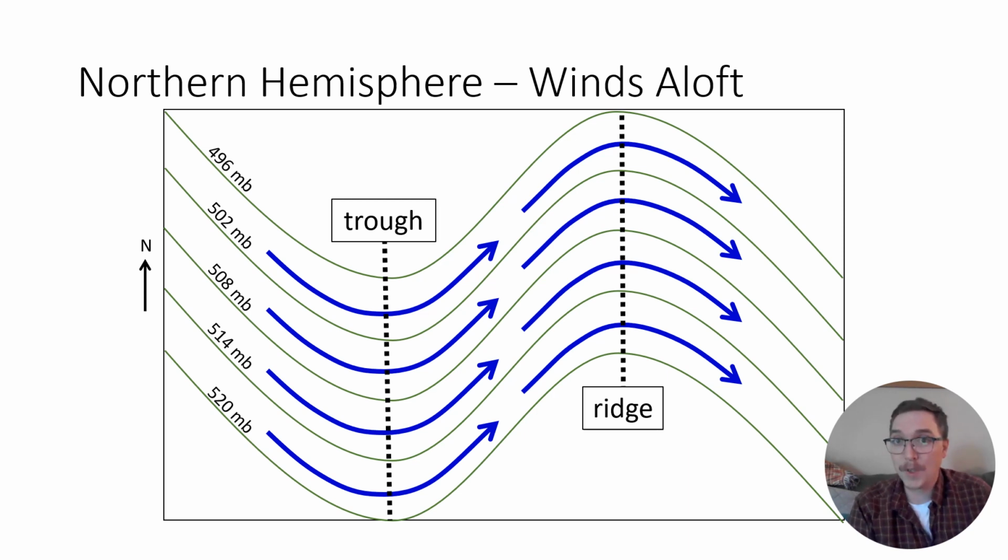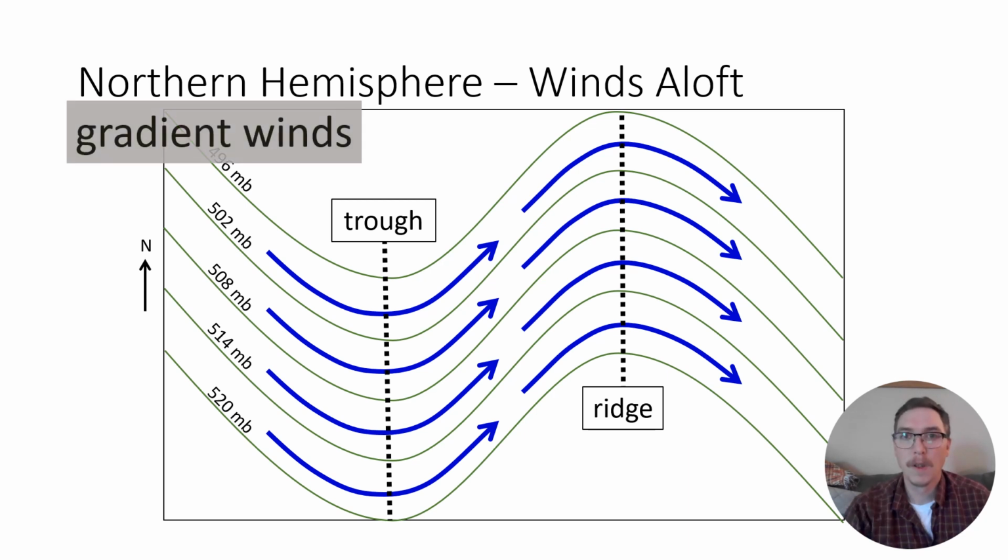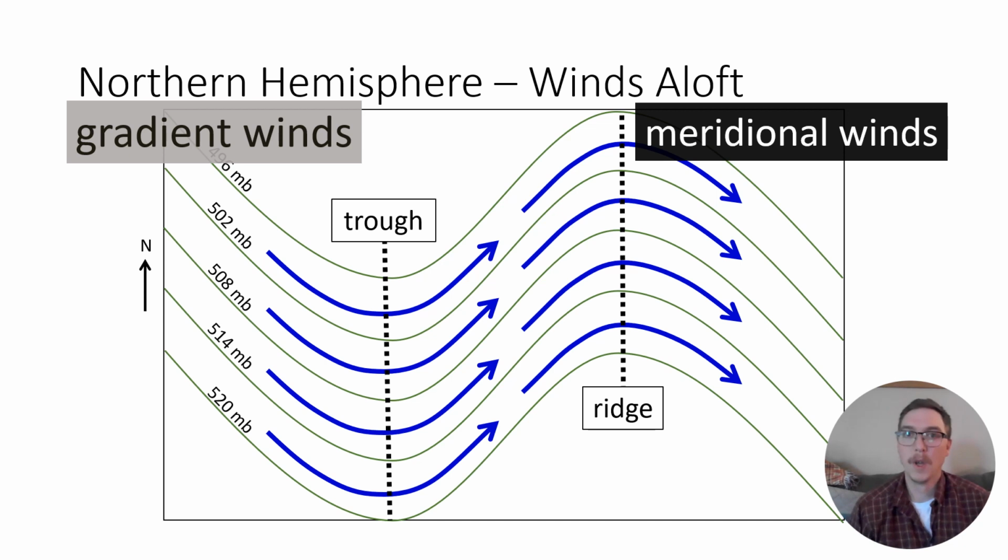Where the isobars form circular cells of either high or low pressure, follow this curved path, and winds flow roughly parallel to the curved isobars, we call these gradient winds, which result from the balance amongst the pressure gradient force, the Coriolis force, and centrifugal forces in winds aloft. These can lead to meridional winds, which predominantly follow a north to south flow pattern.